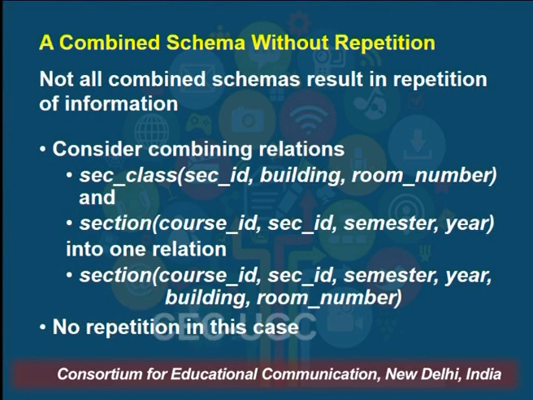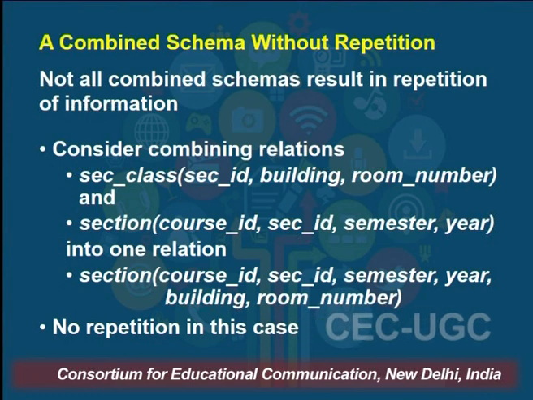These two schemas we can combine into one relation, having course ID, section ID, semester, year, and corresponding to the section ID, the building and room number. If you look at the data stored in the individual section and class relations, there is no repetition which is going to happen in the combined schema.